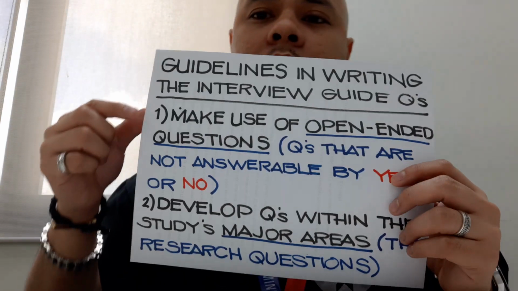These are not my personal opinions, although these are the guidelines that I feel strongly about. Okay, these are the guidelines that I follow as well when I teach my students how to write interview guide questions. So these are the guidelines.